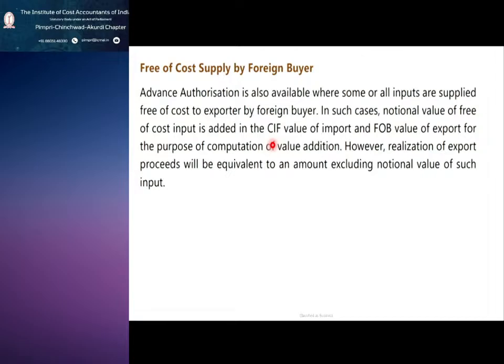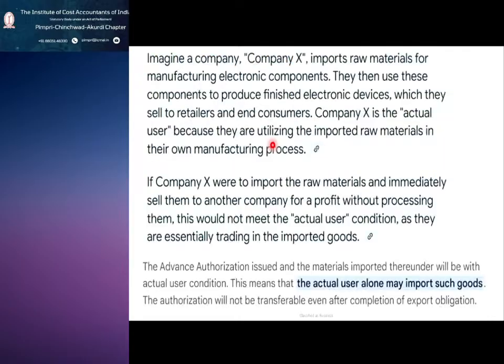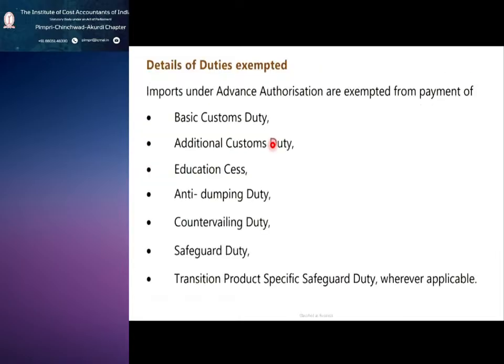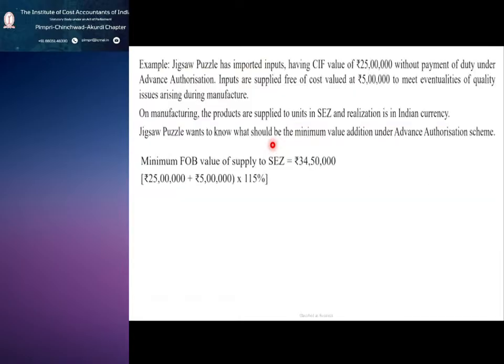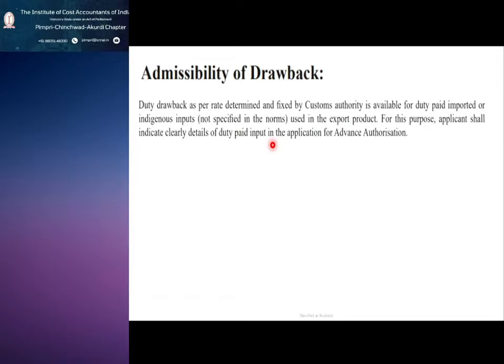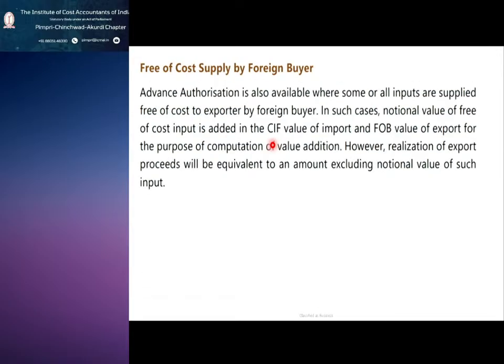So, free of cost supply by foreign buyer. In this example we have seen free of cost, right? So free of cost we are also seeing in detail in the advance authorization. Advance authorization is also available where some or all inputs are supplied free of cost to the exporter by the foreign buyer.